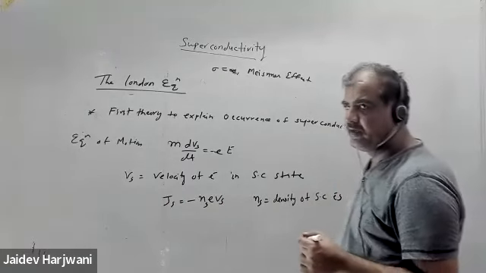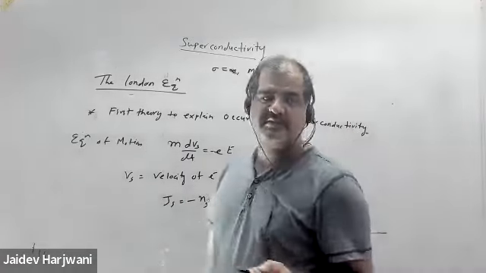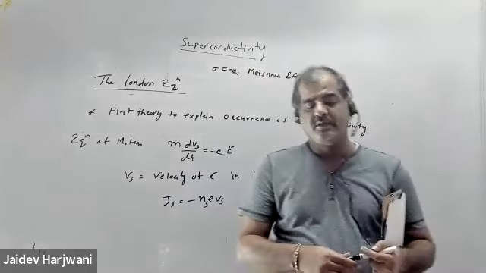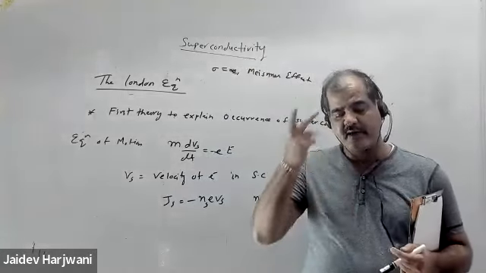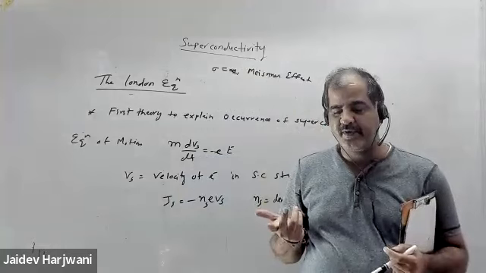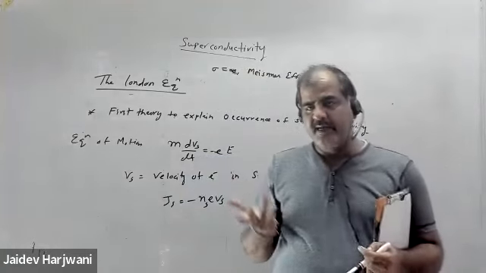Now superconductivity में generally हम बोलते हैं सुपरकंडक्टर में दो तरह के इलेक्ट्रॉन होते हैं, एक नॉर्मल इलेक्ट्रॉन और एक सुपरकंडक्टिंग इलेक्ट्रॉन. सुपरकंडक्टिंग इलेक्ट्रॉन क्या होते हैं?